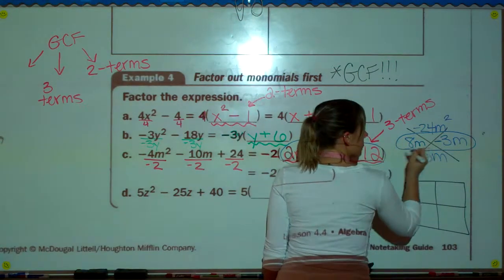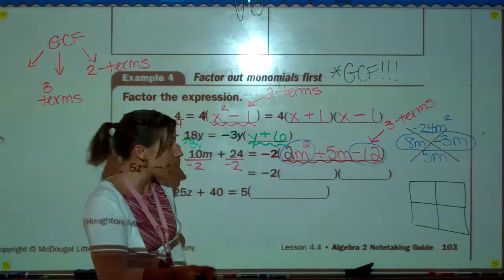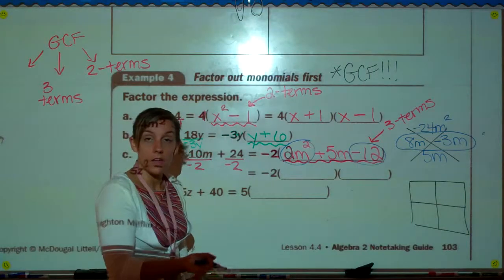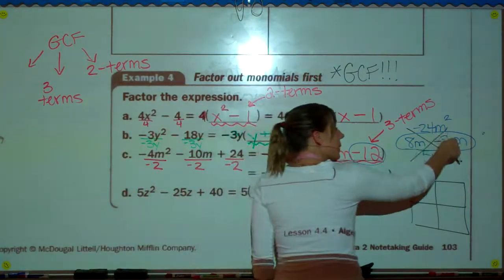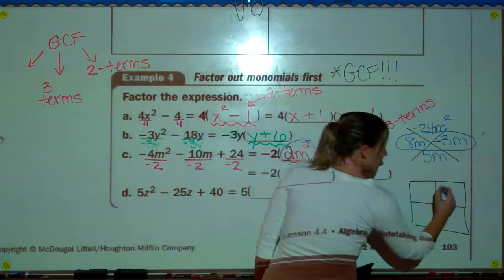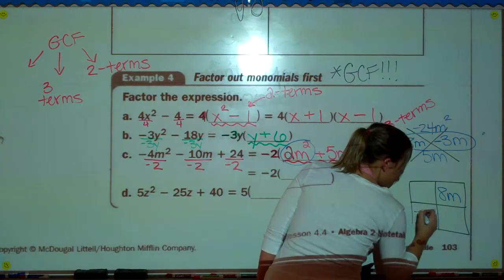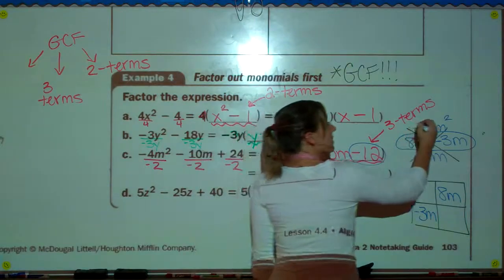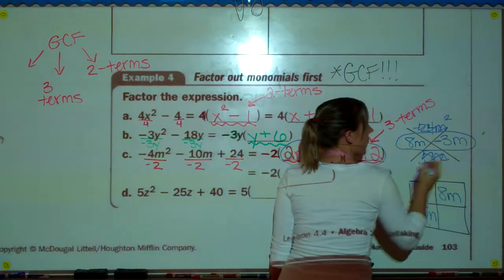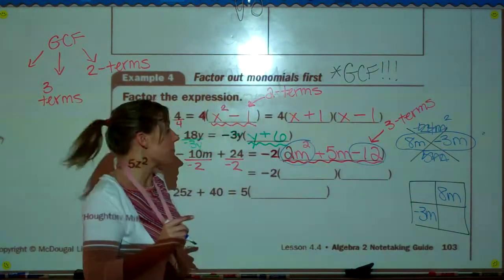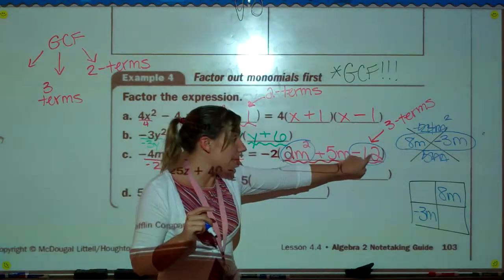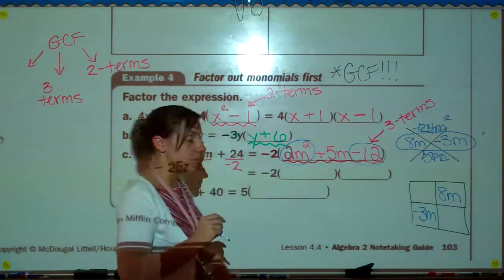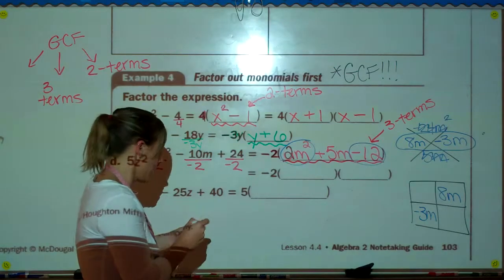That is what goes inside of our box, remember. We found these to go in here, so I'm going to put 8m in here and negative 3m in there. And then don't accidentally use these. A lot of people accidentally use those. Remember, it's the beginning and the end of the trinomial that goes inside your box.